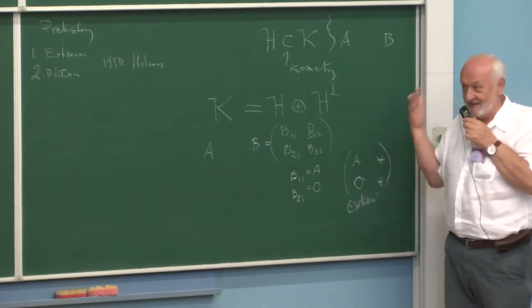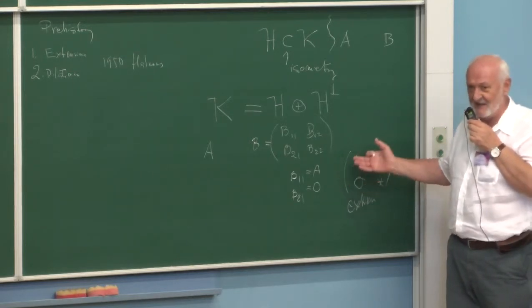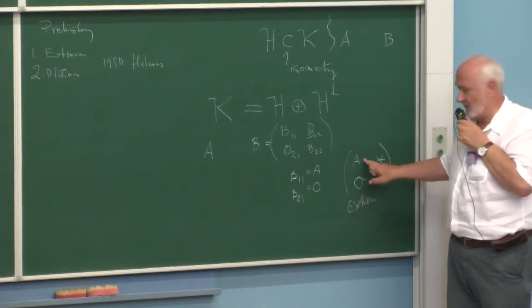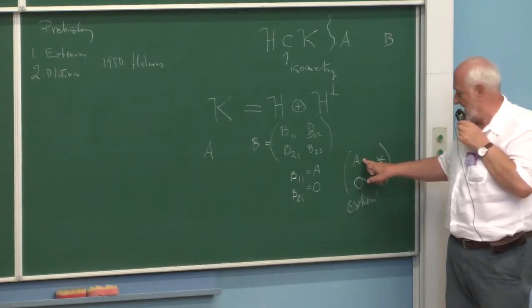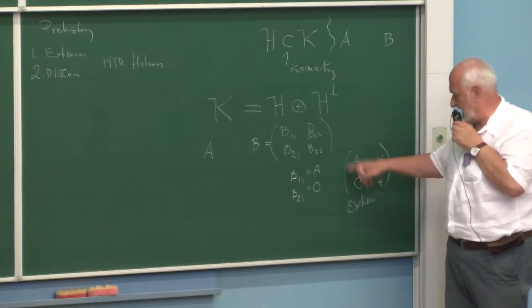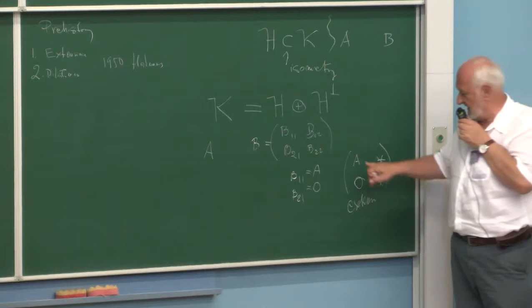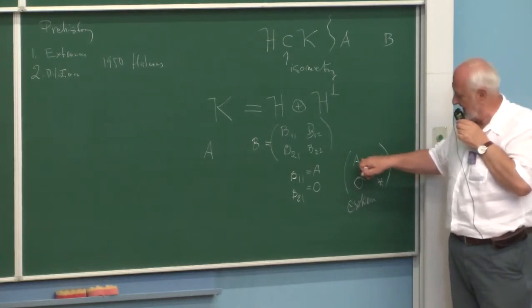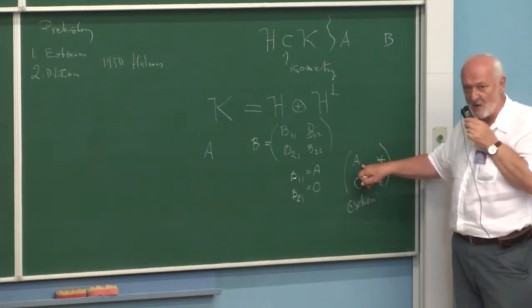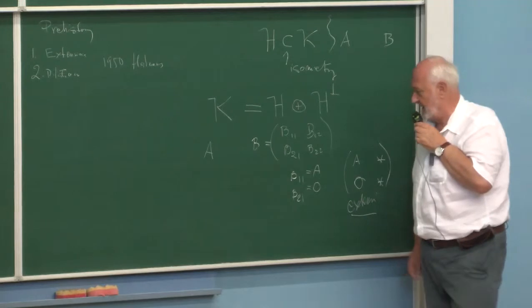Well, this operator, written as a matrix, is an extension of the smaller operator. That's clear, because if we apply this matrix to a column vector, say, then only the first element counts. So this is extension.